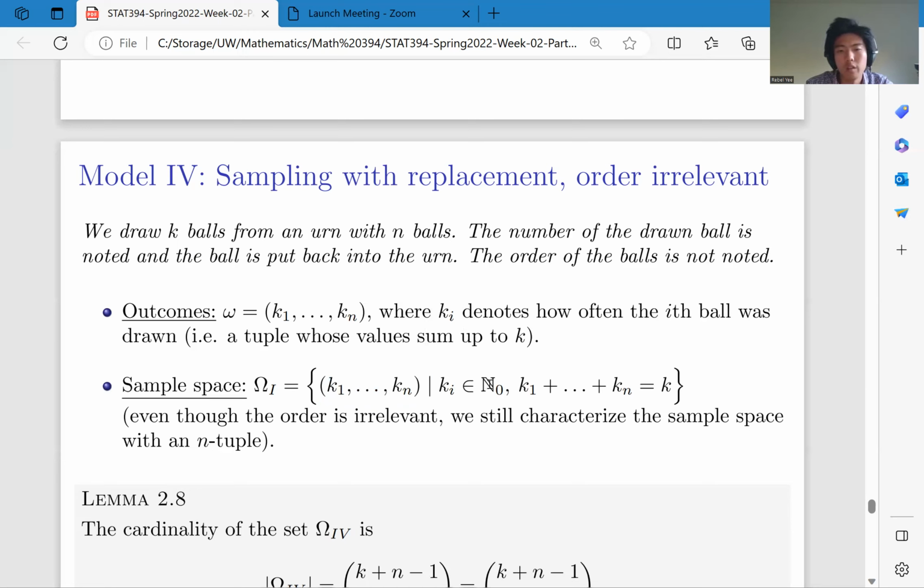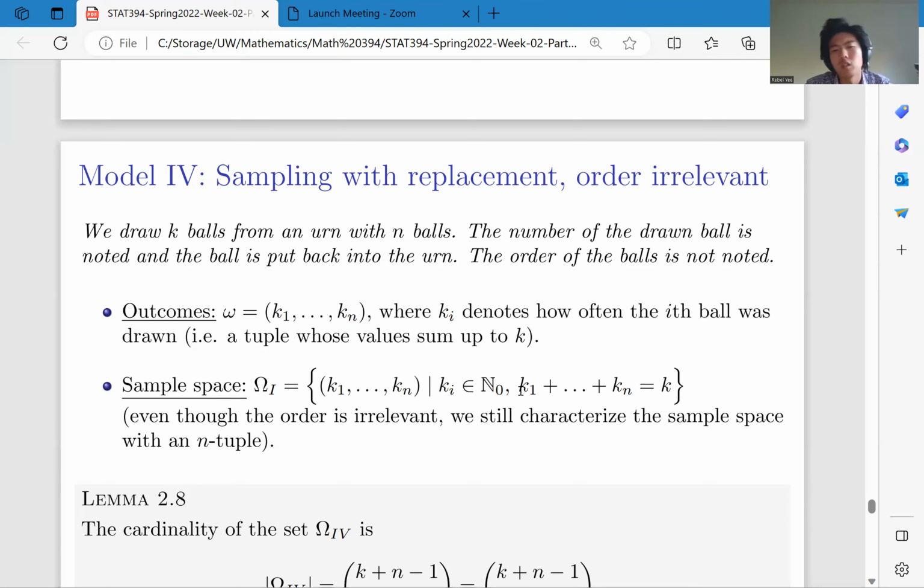So N0 means the natural numbers union with the number 0. And there's another condition we need to satisfy: the sum of the terms in this tuple is equal to k. Even though the order is relevant, we still characterize the sample space with an n-tuple.